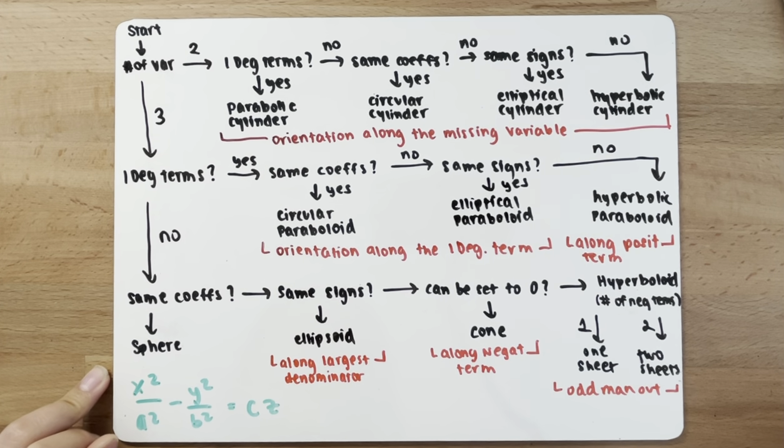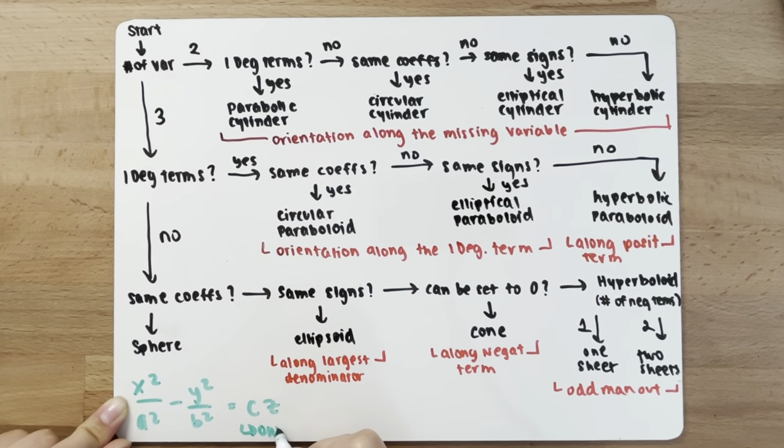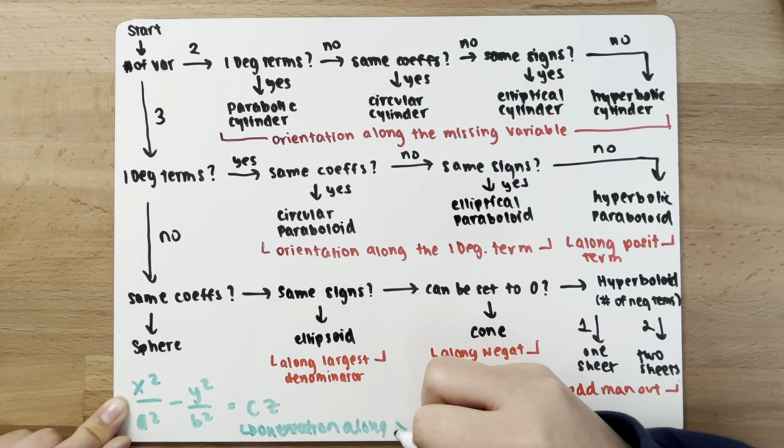The orientation will be along the x-axis, because if you were to set this to equal 0, you would have a negative cz, and that would be a negative term. So in this case, orientation along the x-axis.